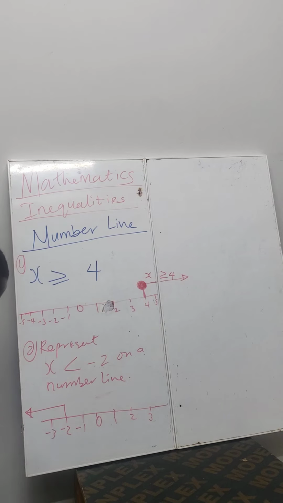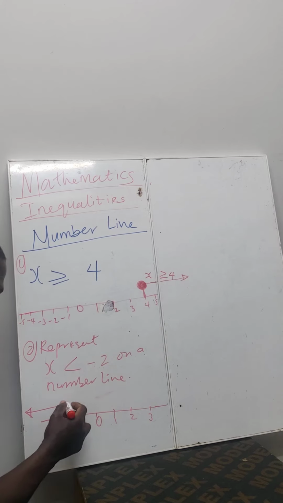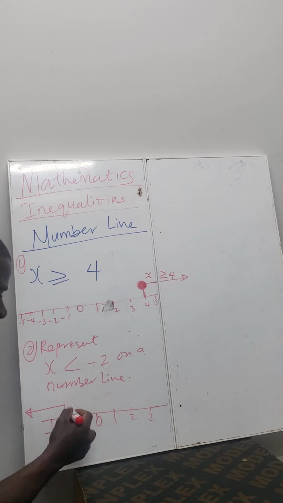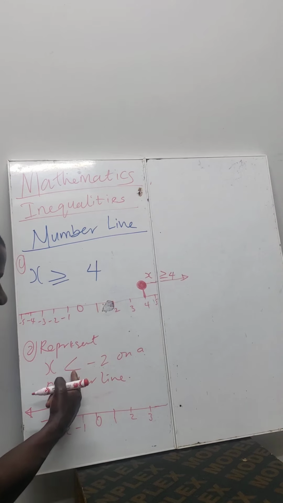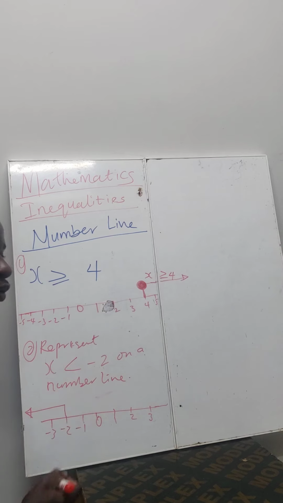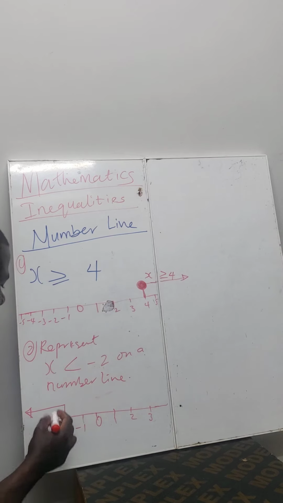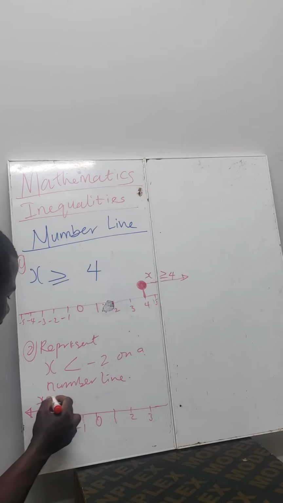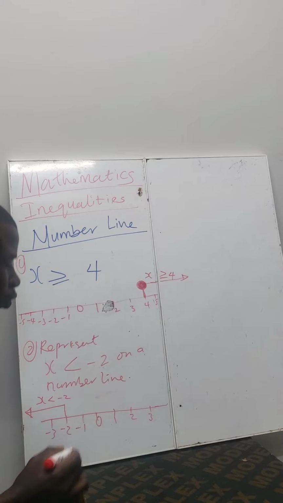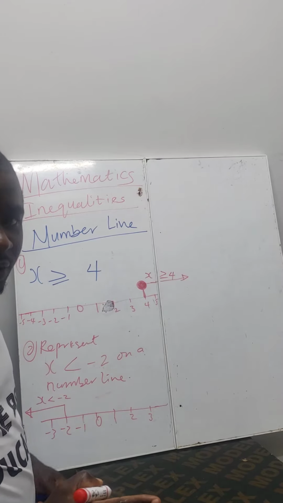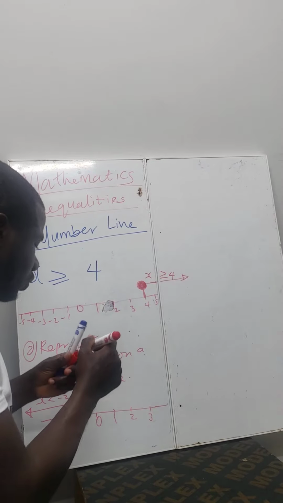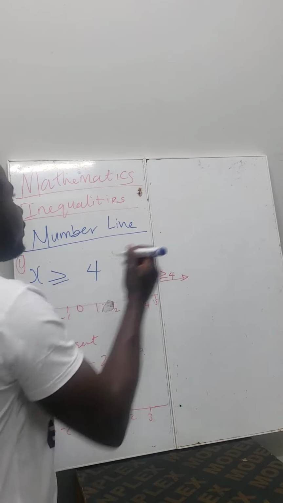The arrow will face this direction, meaning that everything towards this direction is less than minus 2. So we don't have to shade this joint because it is just ordinary less than. Had it been less than or equals to, then we would have to shade this joint. So this is the answer: x less than minus 2. Do you understand? Then we go to the next one, number 3.